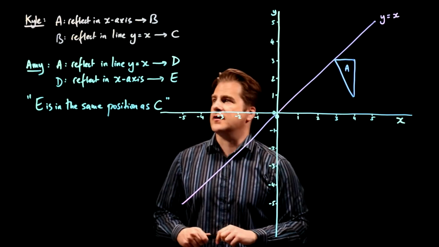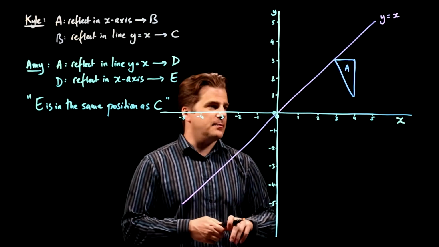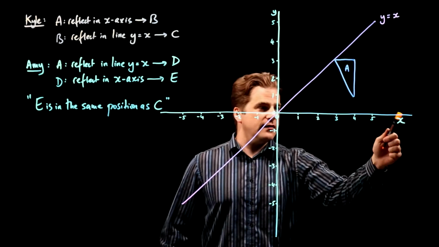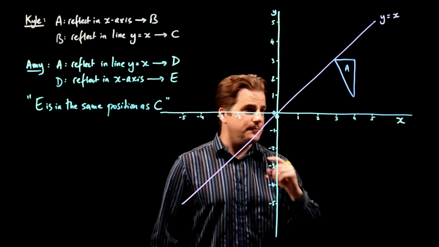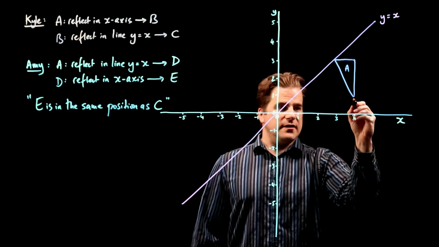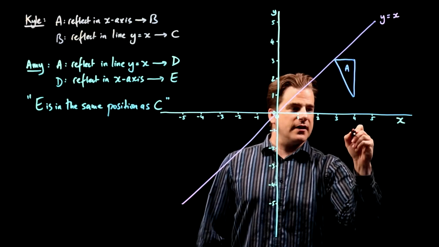So, Kyle first. He reflects A in the x-axis to get B. So, reflect that in the x-axis, this line here. Well, that point there, at (4, 1), is clearly going to go to (4, -1). So that's there.